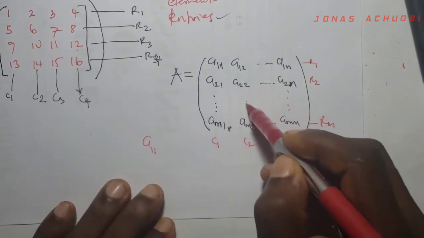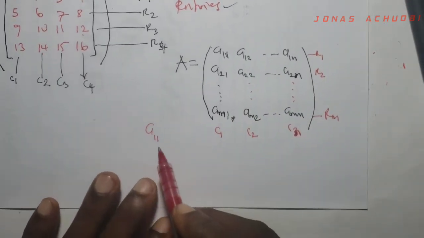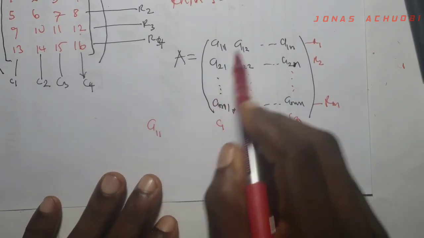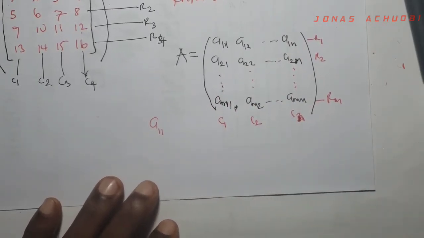But here, we're not specifying a general matrix. And the subscript we have here on each of these entries has a meaning.